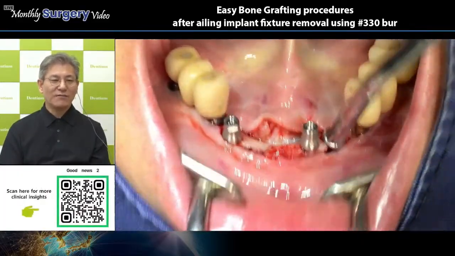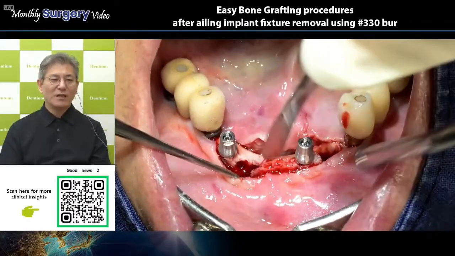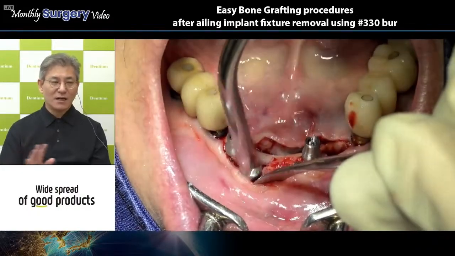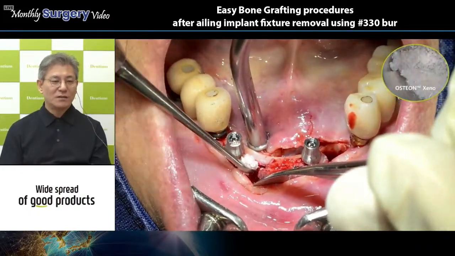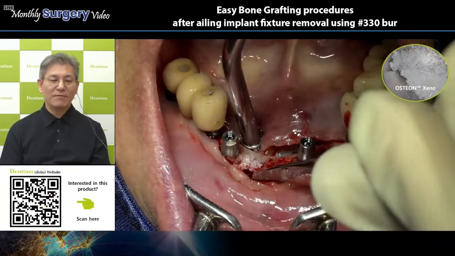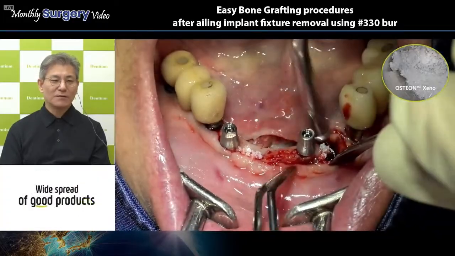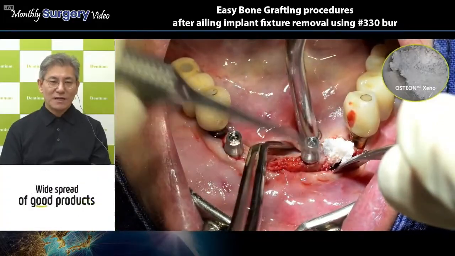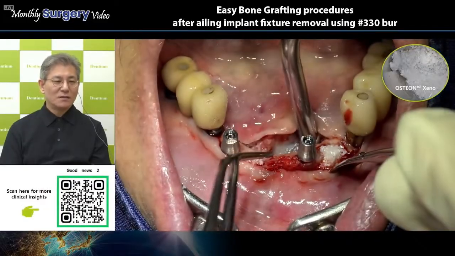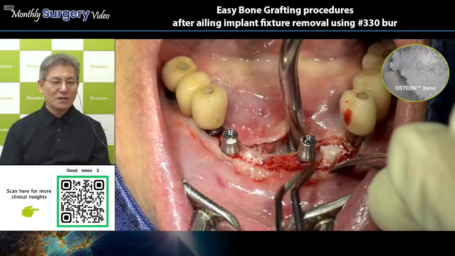This scan comfort cap works as a healing abutment, and also as a scanning jig. So sometimes this scan comfort cap is used as a temporary abutment for temporary processes. Very versatile abutment.